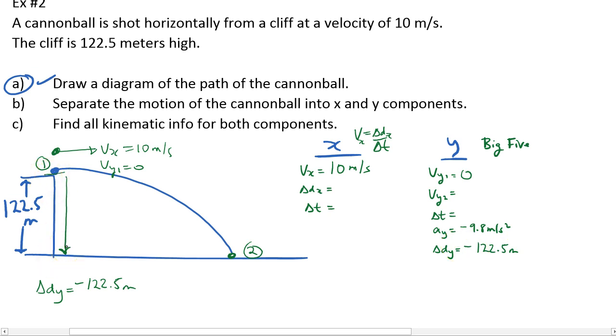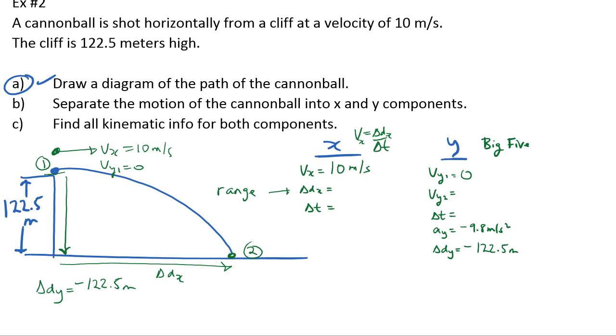And what about delta dx? Well, delta dx would be how far it moves horizontally in this direction. Remember, you're thinking about displacement here. Sometimes in English we talk about range. The range will be how far away from the cliff something's landed. We don't know that yet.